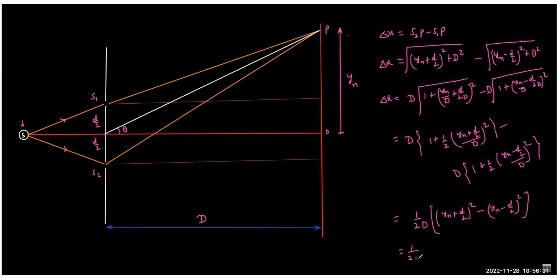And now A square minus B square we can write as (A plus B)(A minus B). So if you add A and B, what you'll get is 2y. Or you can simply say it's 4AB, right? Yes, sir. So I can write 4A into B, and you can see it is coming out to be the same answer, yd by D.